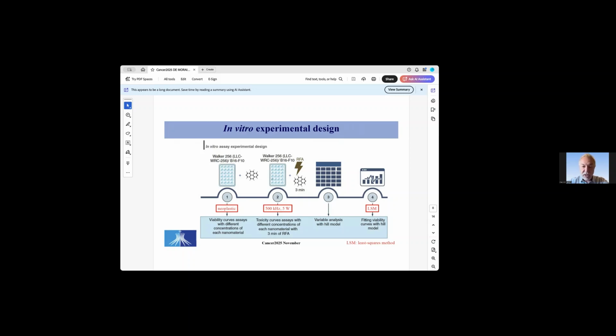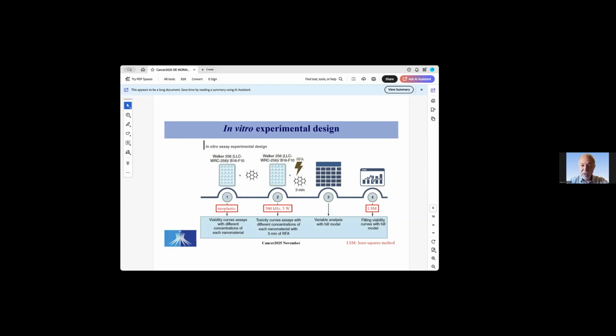In the second experiment, we combined the application of the nanocomposite, with increasing concentration, plus the radiofrequency application. Here the frequency was 500 kilohertz and the power around 5 watts. We ran the cell viability assay for all these combinations, on the two cell lines.